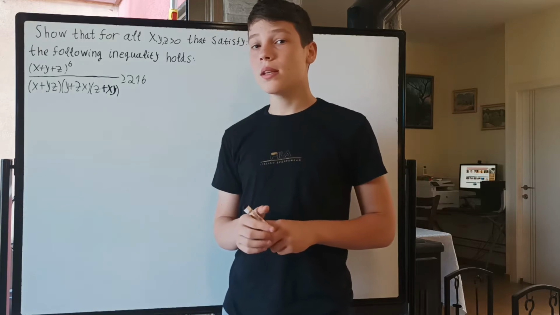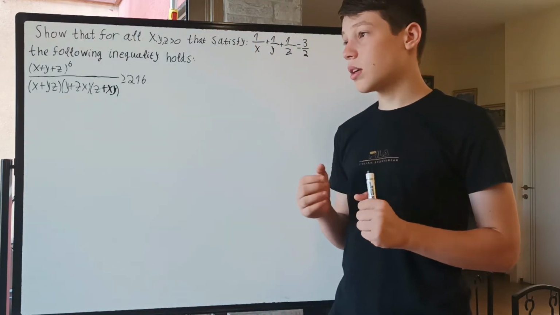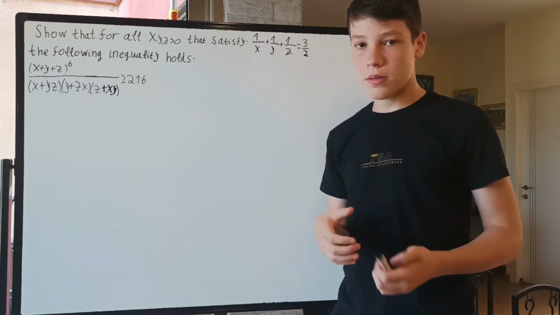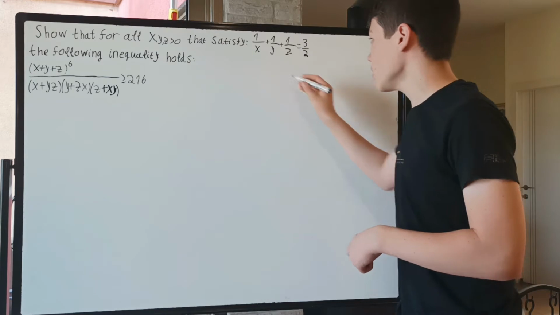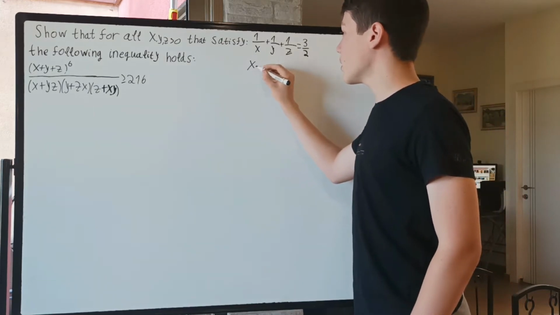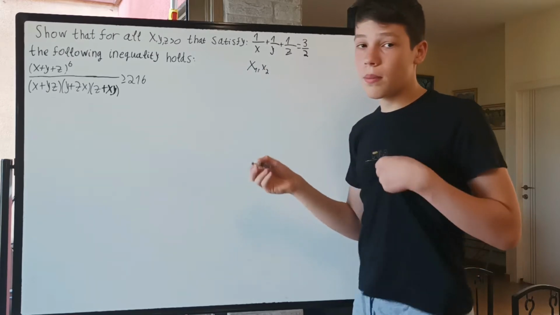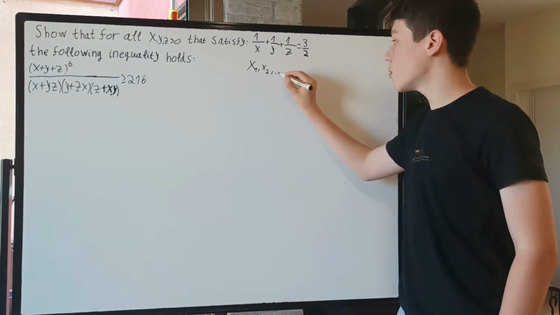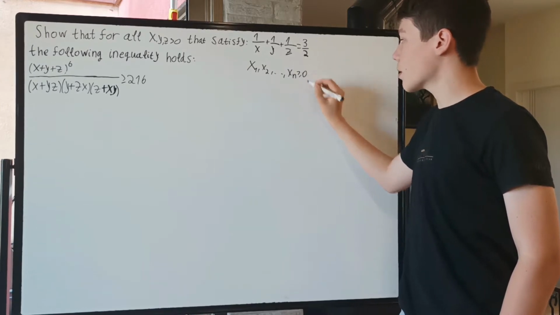What we're going to use is AM-GM, which is the inequality of the means of numbers. It's the inequality that a lot of people know about: take x1, x2, up until xn, that are all bigger than or equal to 0.